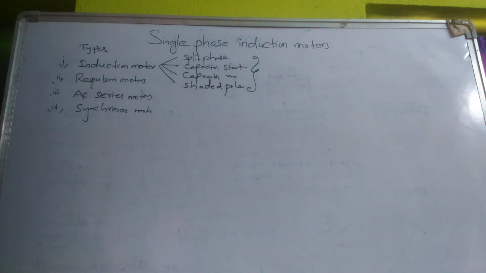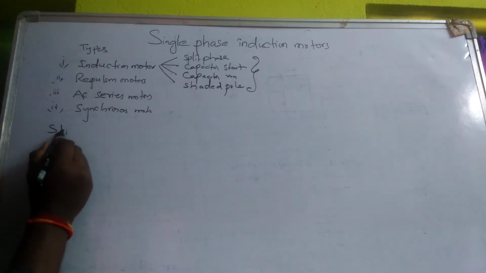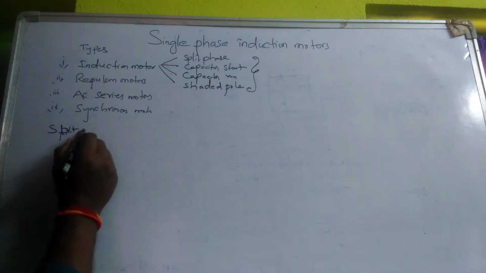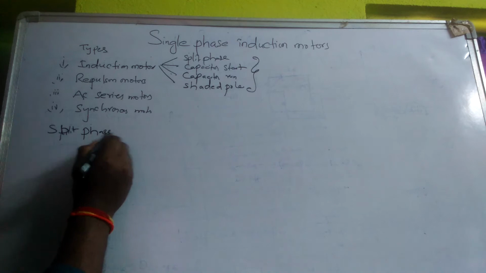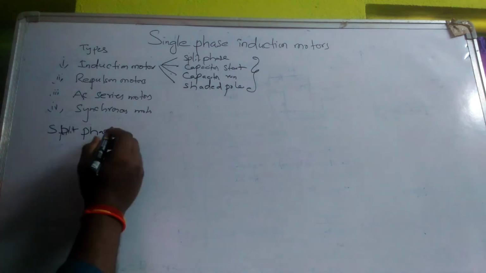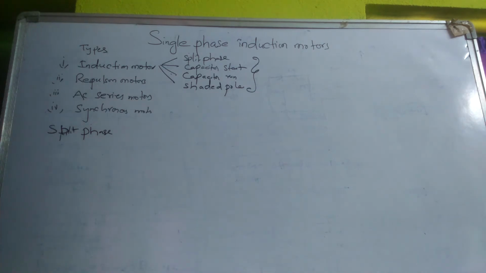First let us discuss the split phase induction motors. As we know, a single phase induction motor consists of a stator and a rotor. The stator has a single phase winding and the rotor also has a single phase winding. Because of the alternating flux in the stator, the single phase induction motor is not self-starting.